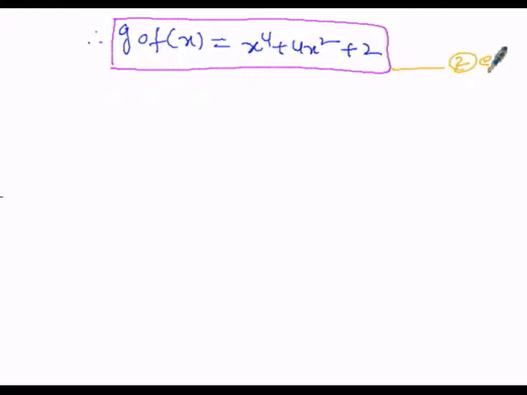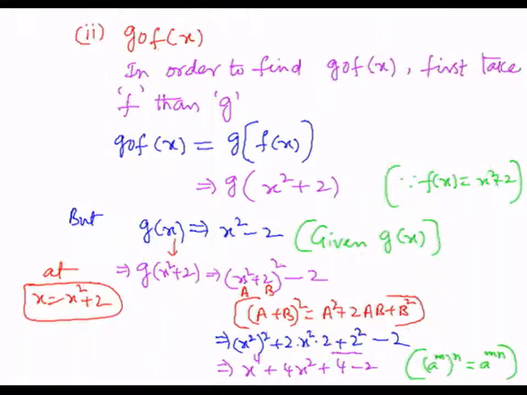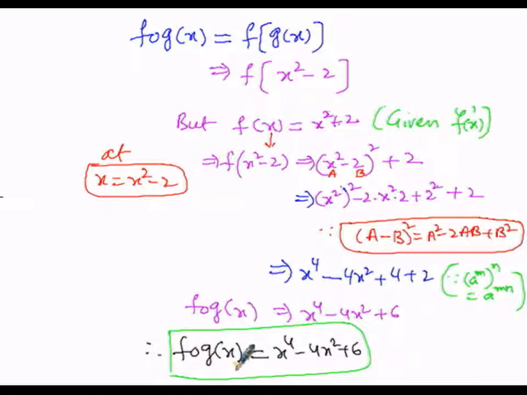Then the first equation is f of g of x, which is x to the power of 4 minus 4x square plus 6.